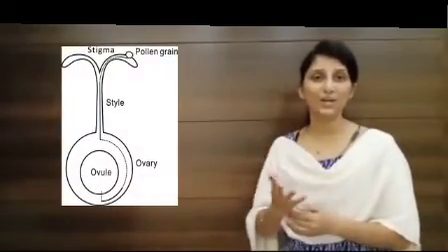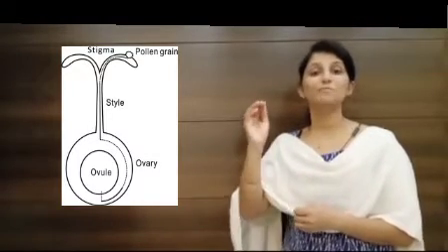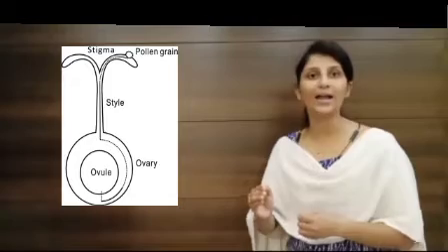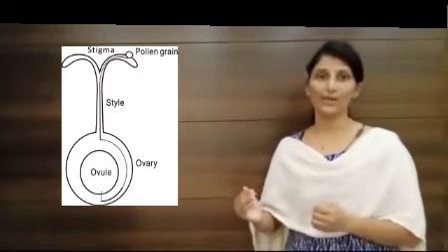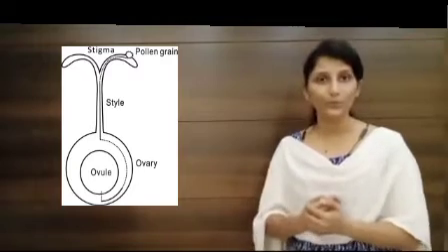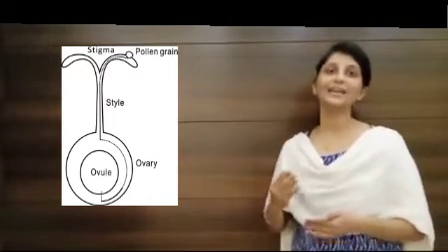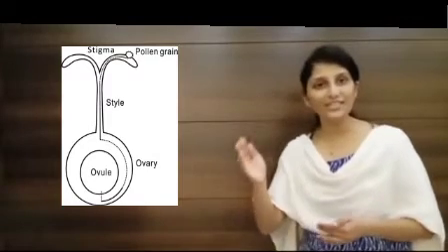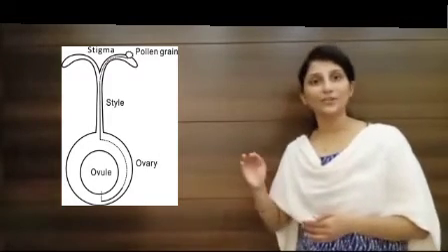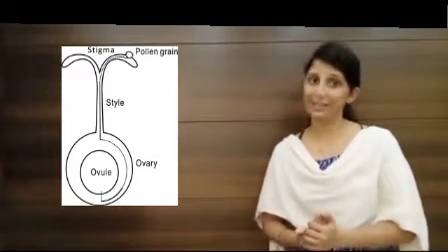The pollen germinates to produce a very thin tube which passes down the style and reaches the ovary, and once it reaches the ovary, it enters into the ovule. The male gamete travels down the style and reaches the ovule which has the female gamete.